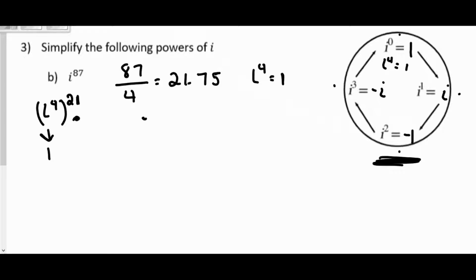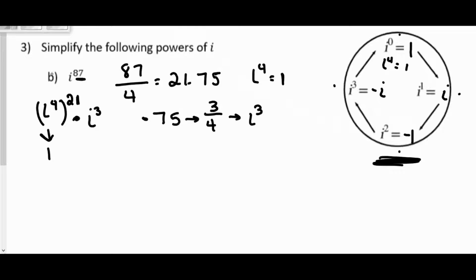Now I have to deal with my remainder. So 0.75 is the same as 3 over 4. So that means I need to add 3 more additional i's to get me to 87. To check yourself, your exponents should equal 87.